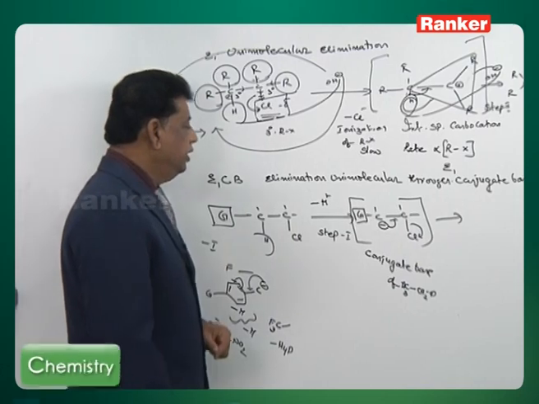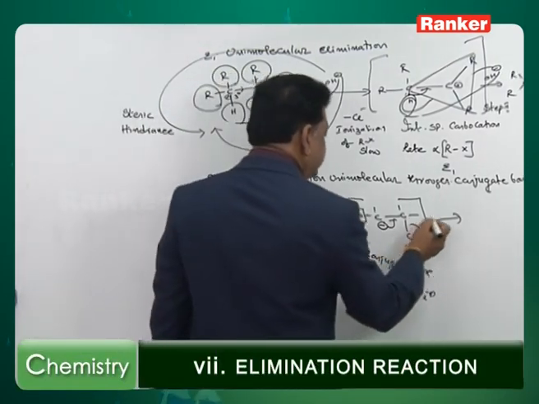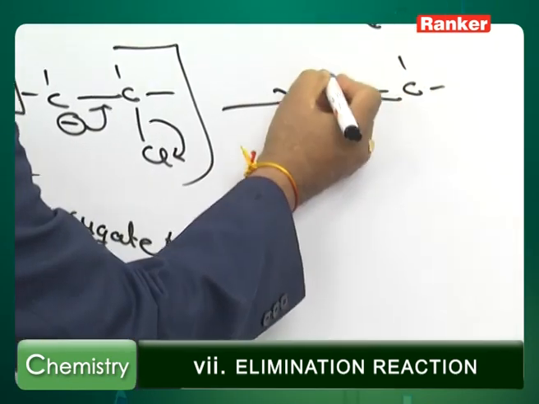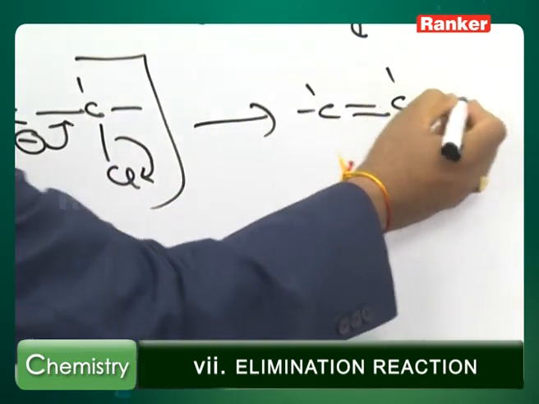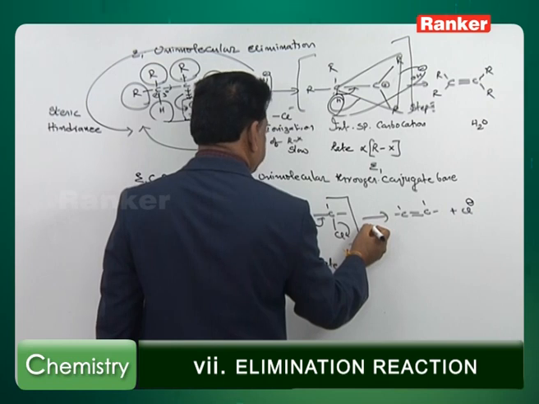So, it is also an E1 type mechanism, because in this reaction the Cl goes in the second step, and therefore a double bond is formed. The Cl will be removed here. The second step happens to be the slow step.